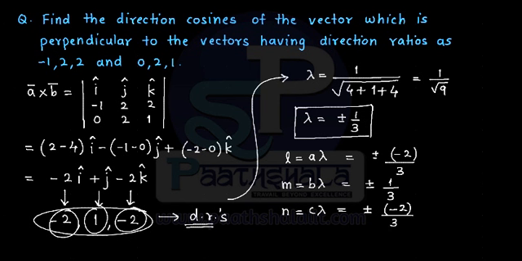So we get two sets. The first set, if you consider the plus sign, is minus 2 by 3, then 1 by 3, and minus 2 by 3. This is the first set. The second set is by taking the negatives of all the values, which are nothing but 2 by 3, minus 1 by 3, and lastly 2 by 3.